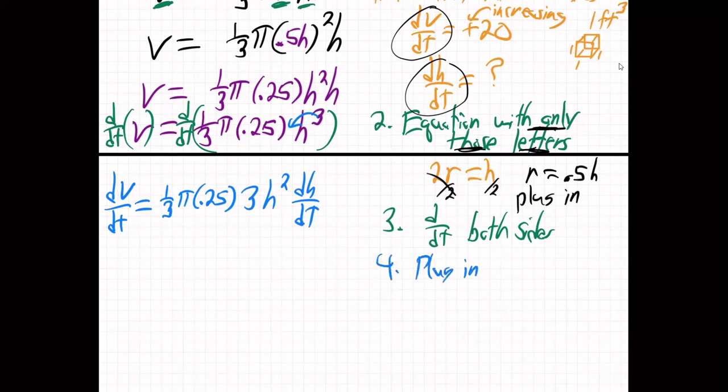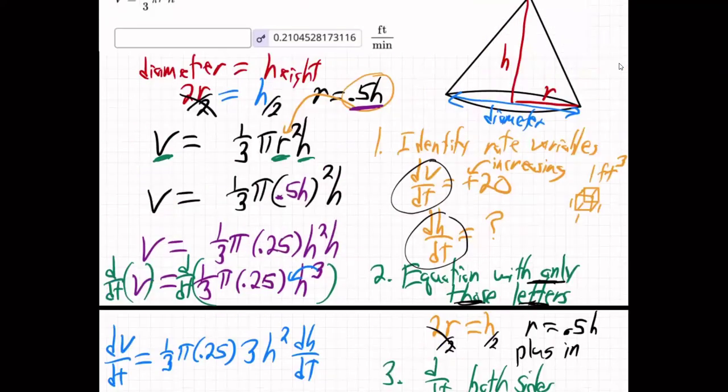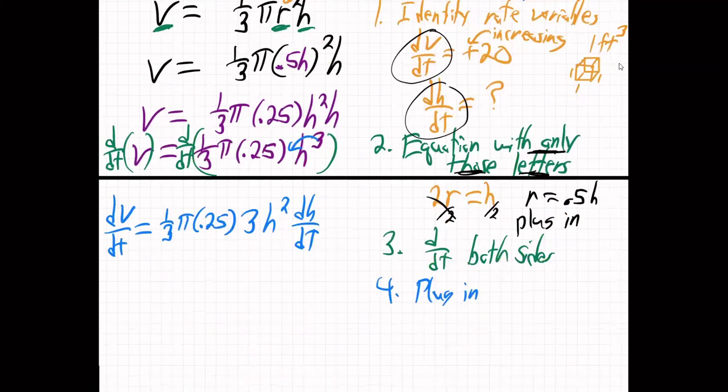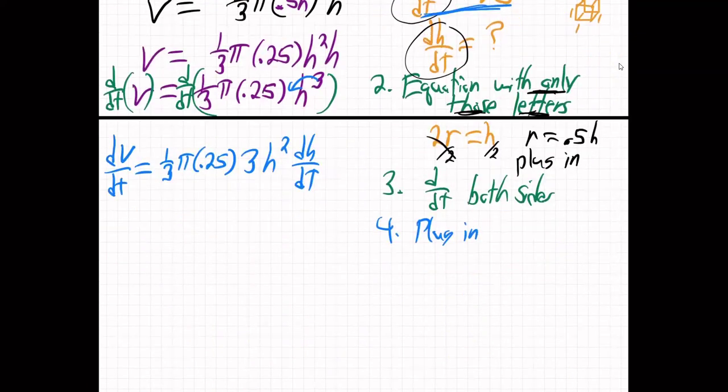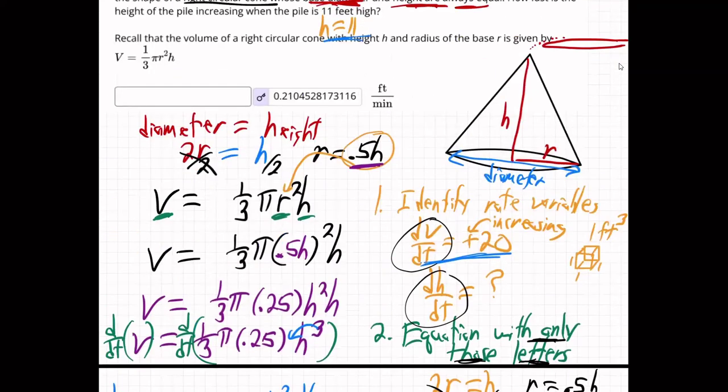Plug everything in. We don't plug in until after the derivative, notice. Now they told us that dV/dt is 20. So this is 20, and H is 11.